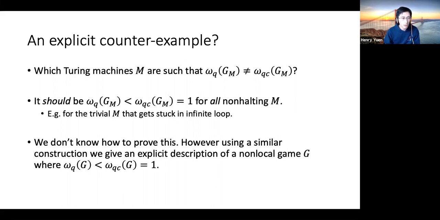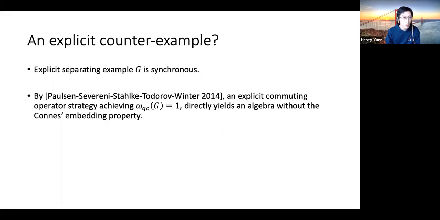By using a similar construction, we can point to a specific game G that does have this separation. That's something we can prove. This explicit separating game G is a synchronous game. I won't describe what a synchronous game is, but Lewis talked about it last time.